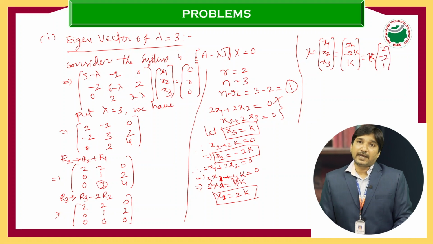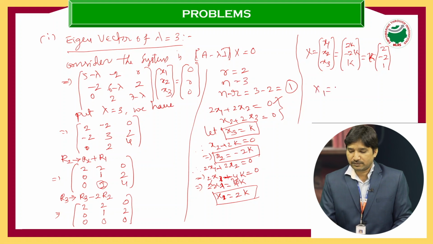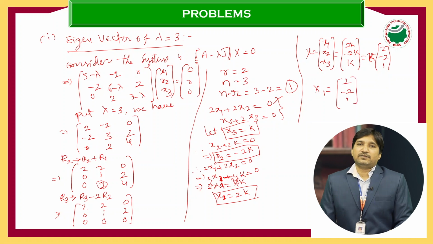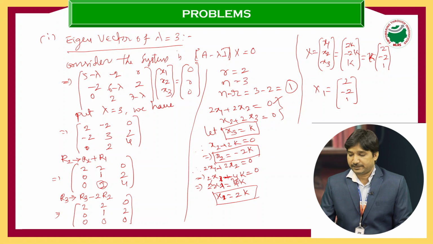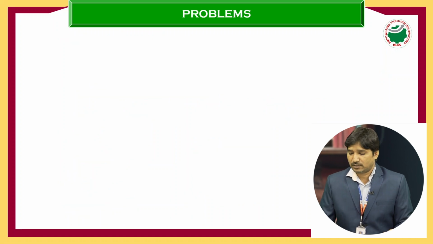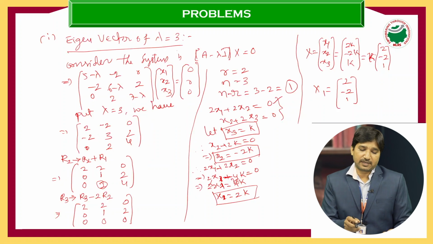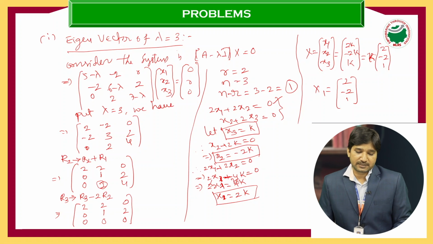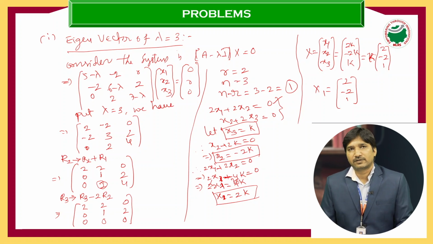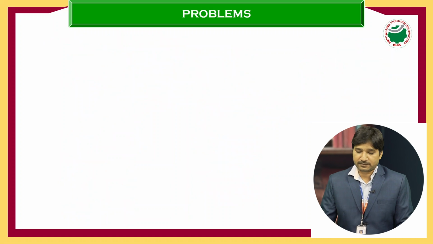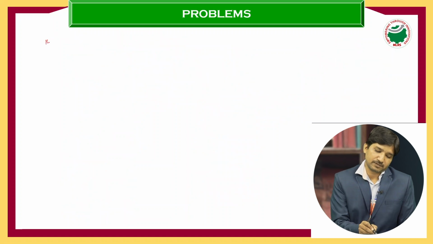Therefore, the eigenvector of the eigenvalue lambda equal to 3 is (2, minus 2, 1). Next, the second one is to find the eigenvector of the eigenvalue lambda equal to 6.